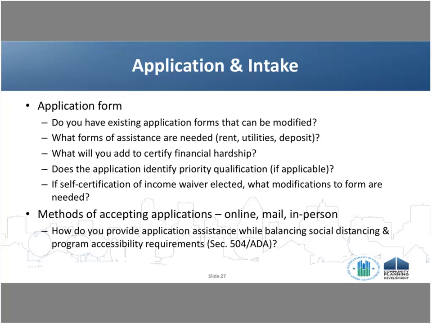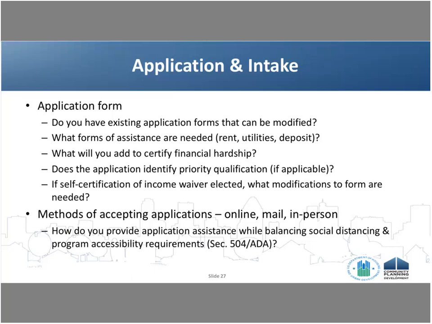Finally, we've noted previously, and we continue to note, that you are subject to fair housing as well as Section 504 of the Rehabilitation Act of '73 for making your programs accessible.